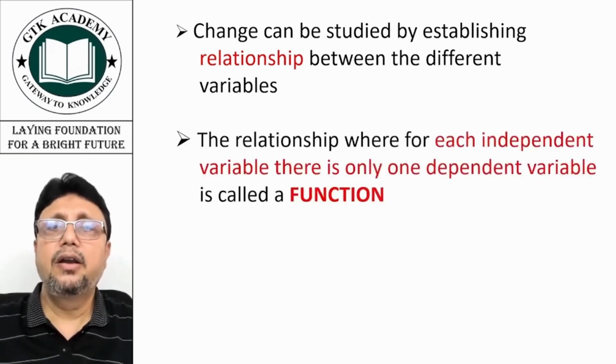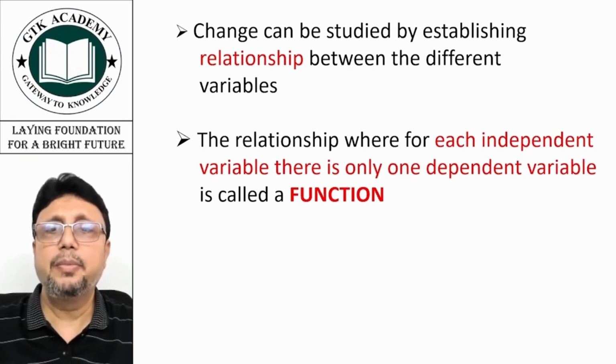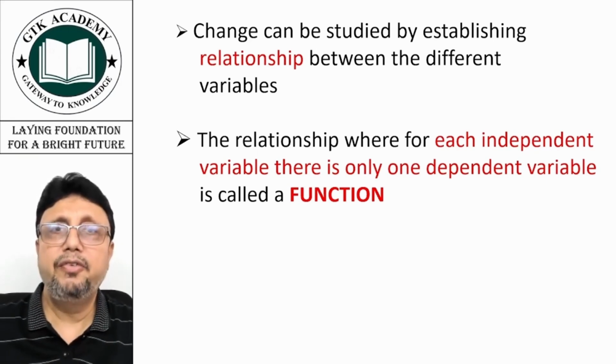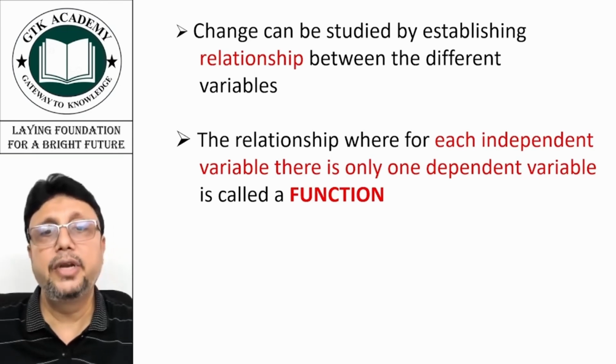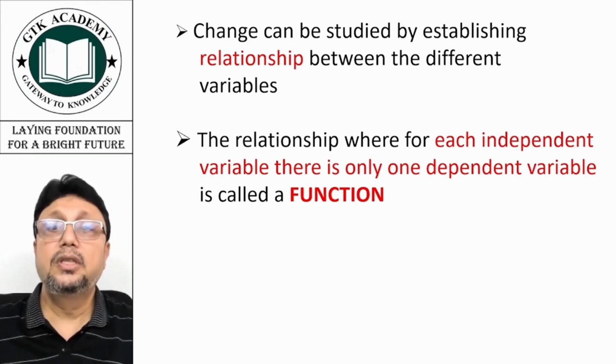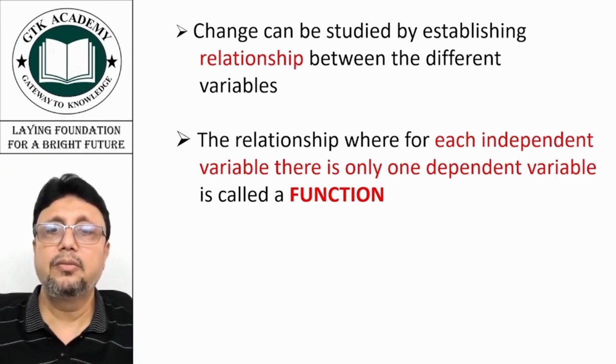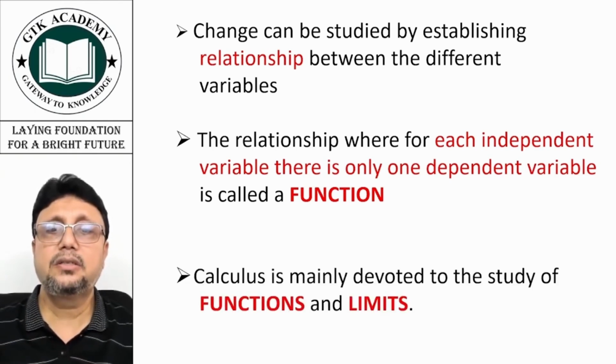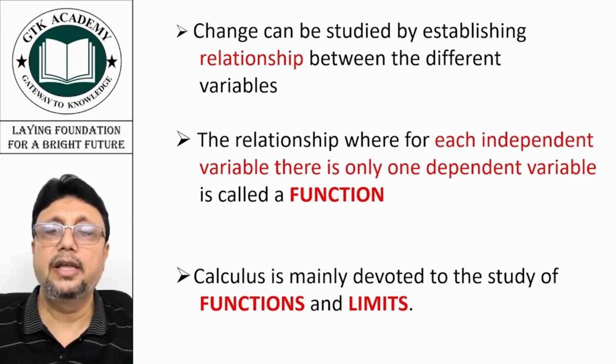A particular relationship where for each independent variable there is only one dependent variable is called a function. We have already discussed this in our previous videos. If you have not seen them, please do see them. So this particular kind of relationship is called a function, and calculus is mainly devoted to the study of functions and limits, and limits we are going to discuss shortly.